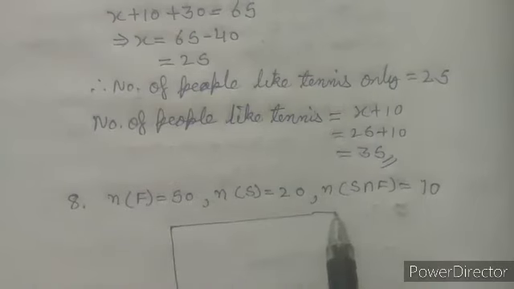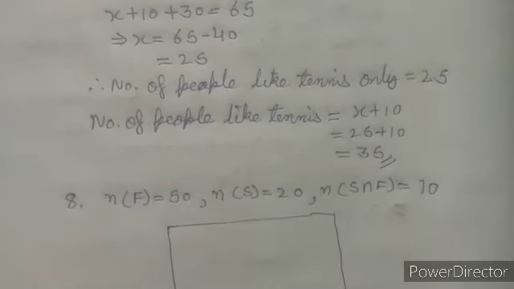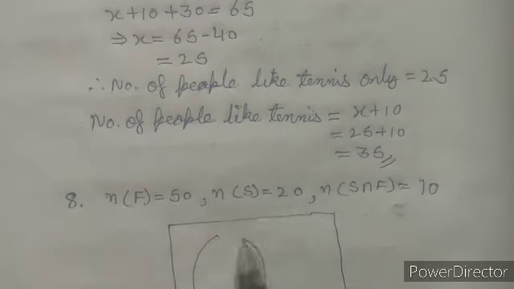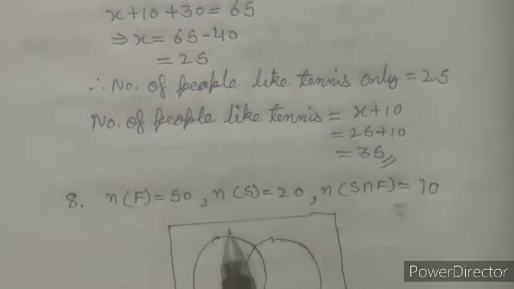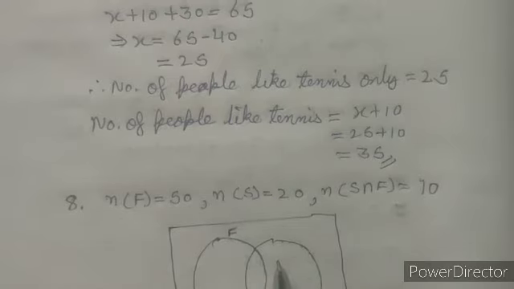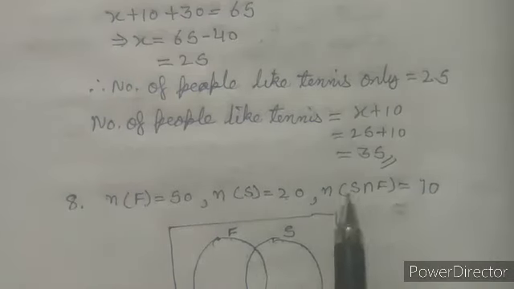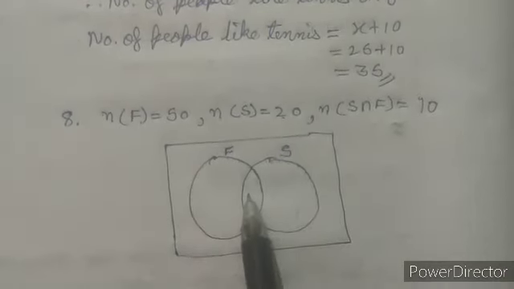I am doing this with the help of a Venn diagram. Suppose this is a set representing the people who speak French, and this S set represents the people who speak Spanish. Now n(S intersection F) is equal to 10.